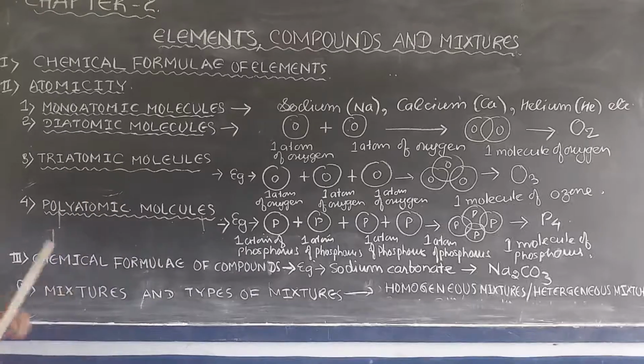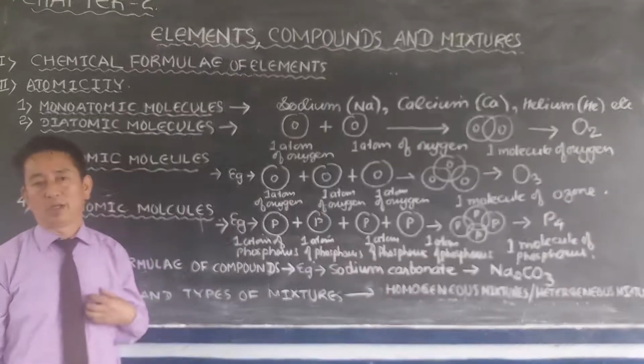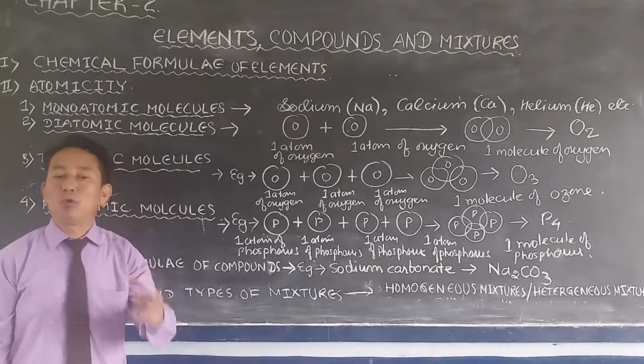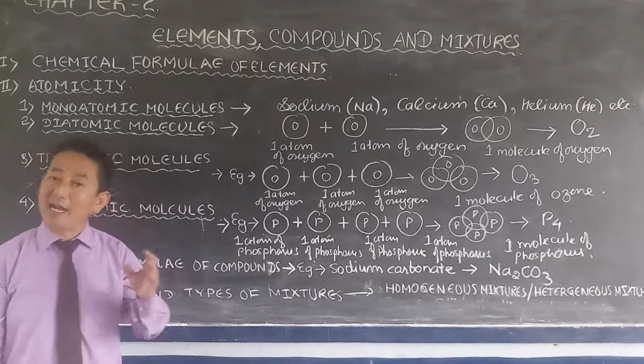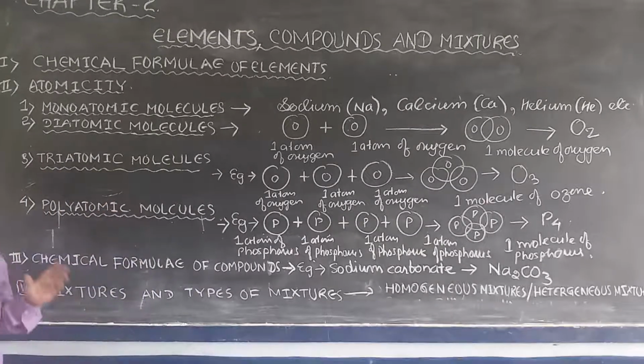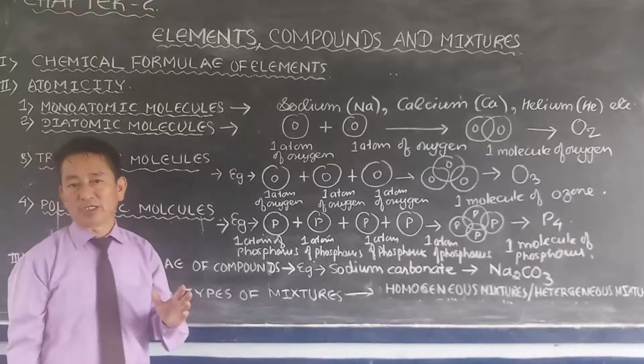Once again, a mixture is an impure substance formed by the particles of 2 or more elements or compounds mechanically mixed in any proportion, and the components of the mixture retain their properties.